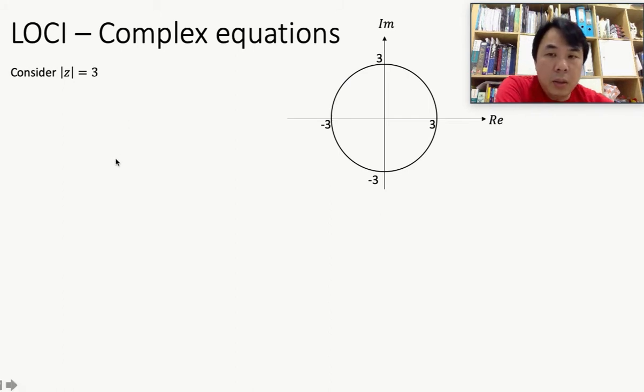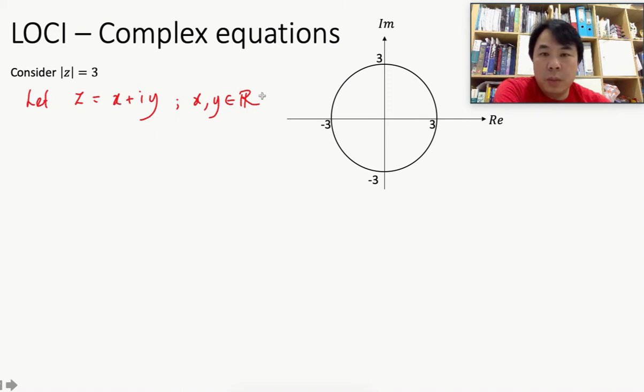Now, how does it look algebraically, for some of you who are more familiar with algebra itself? We will let z be x plus iy, where x and y are real numbers. The x and y are the set of all real numbers that can be found on the Argand diagram.